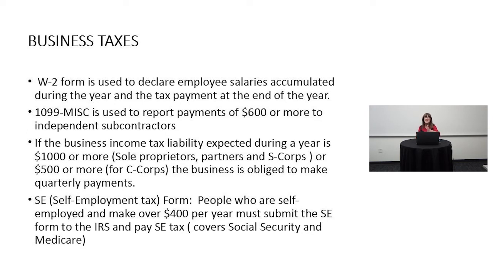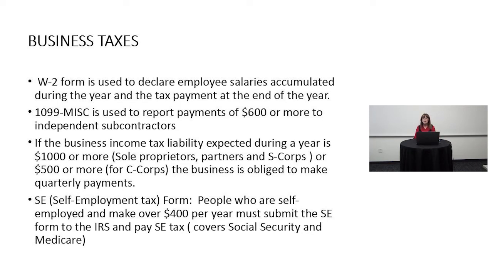If the business income tax liability expected during a year is $1,000 or more for sole proprietors, for partners, for S corps, for LLCs, or $500 or more for C corps, the business is obligated to make quarterly payments.